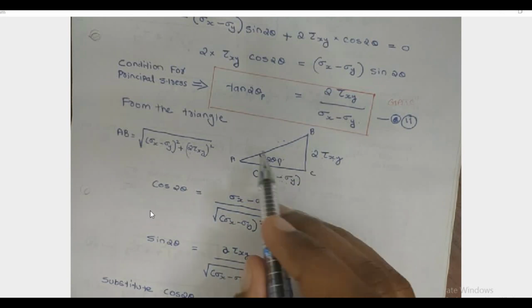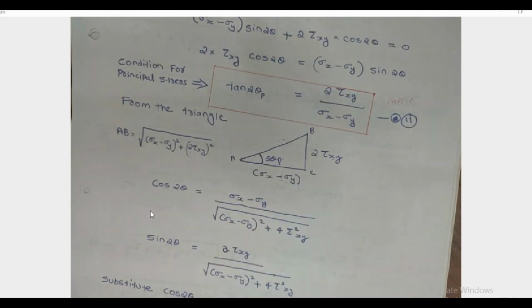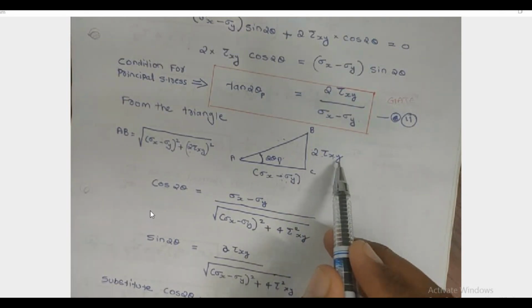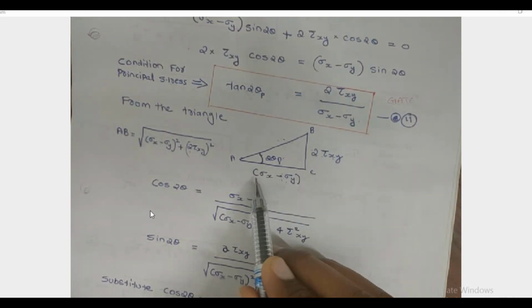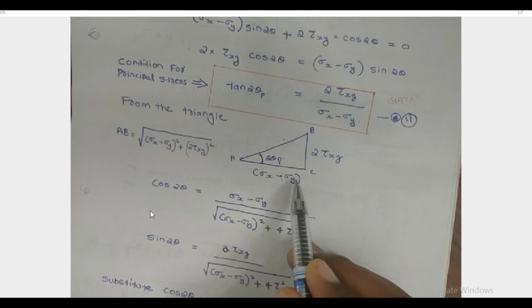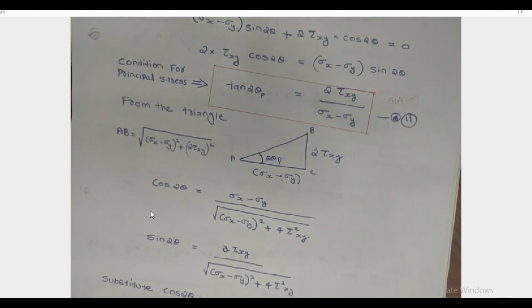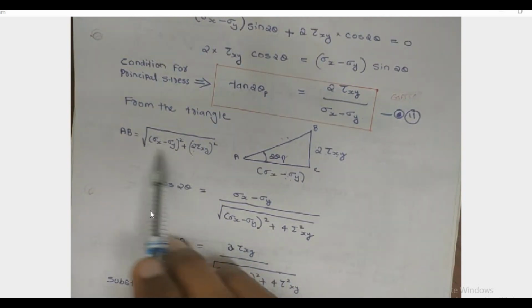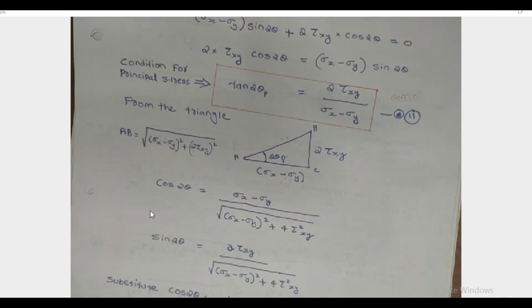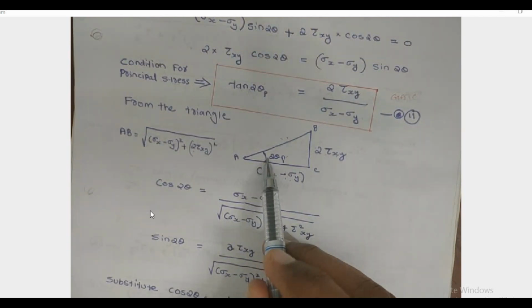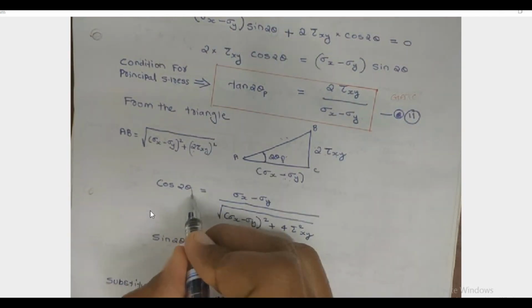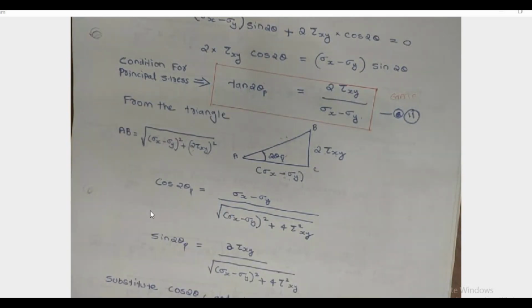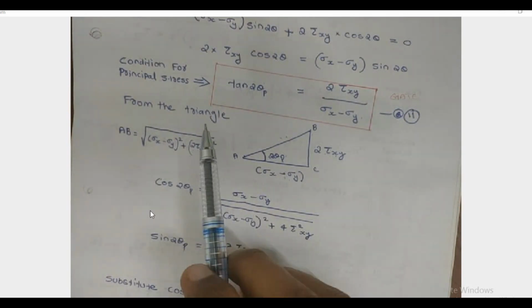Using Pythagoras theorem, we can calculate this AB, the hypotenuse, which is root of 2 tau xy whole square plus sigma x minus sigma y whole square. That is the hypotenuse AB. And then we can calculate cos 2 theta p. What is cos 2 theta p?